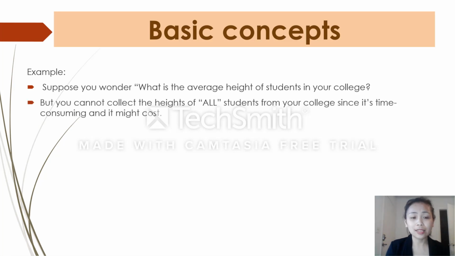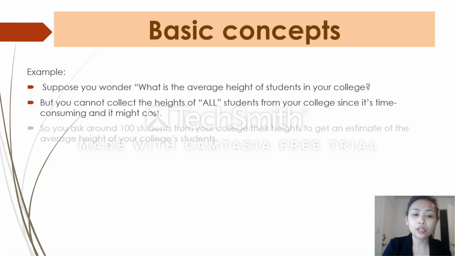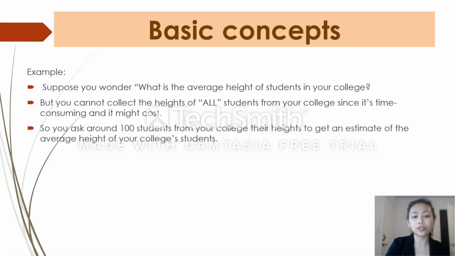So it's almost impossible to collect the heights of all students from your college. In this situation, the better idea is you collect the information from a smaller sample, a smaller group of students from your college. So, for example, you go to 100 students in your college or 200 students from your college and ask about their height to collect information.